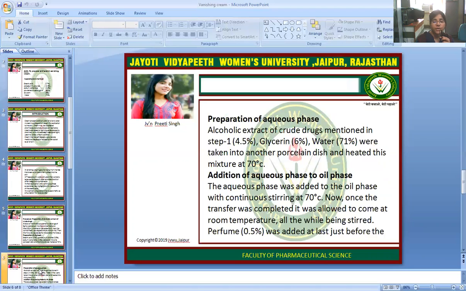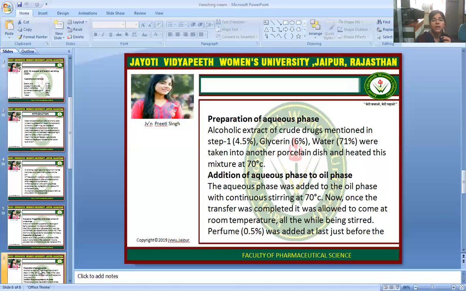Addition of aqueous phase to oil phase. The aqueous phase was added to the oil phase with continuous stirring at 70 degrees Celsius. Now, once the transfer was completed, it was allowed to come to room temperature.